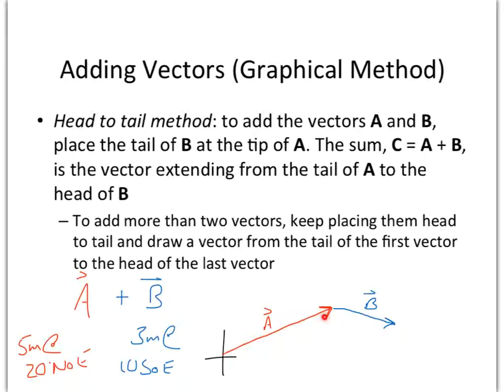And so what that means is that creates a sum vector. The idea is that vector A plus vector B equals some resultant vector. In this case, we would call it vector C right there. So I'll draw that in purple. All right, vector C. So what would vector C look like? Vector C would be from the original origin to the end of the final vector.